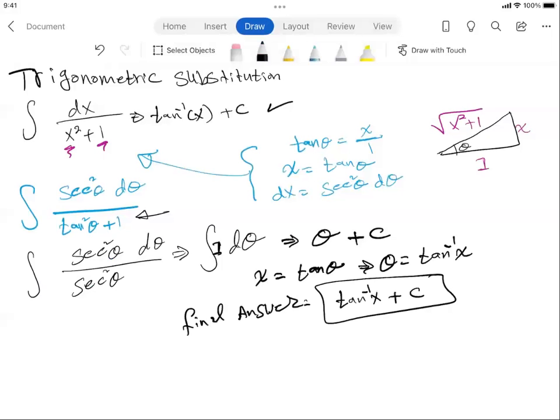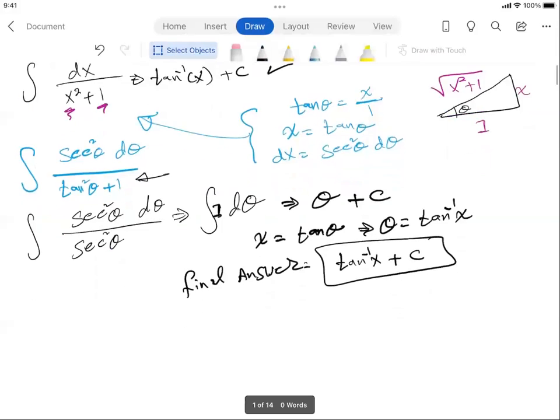This is what I mean by trig substitution. As we will see, this is a very, very powerful tool, and it has a lot of applications in engineering and science. So it's really good to have a good handle on this topic.